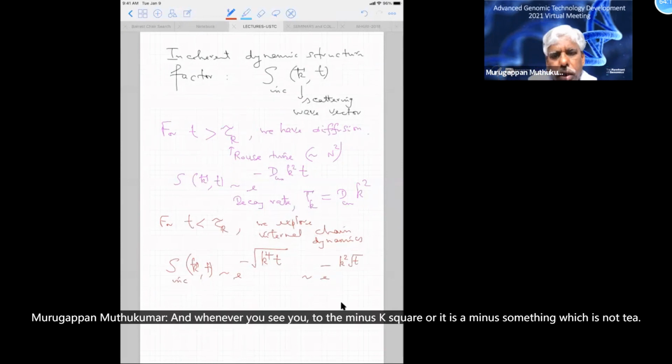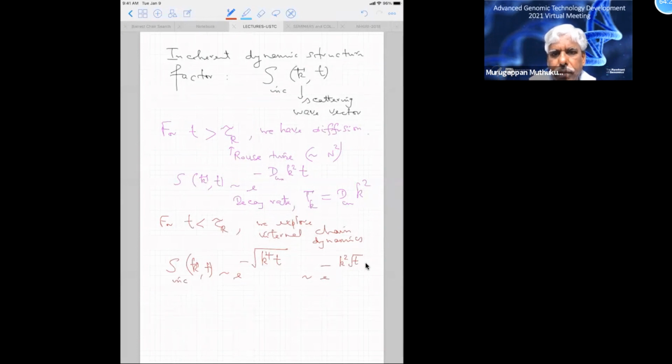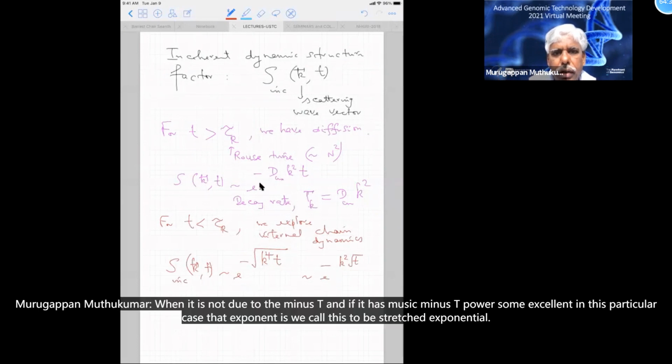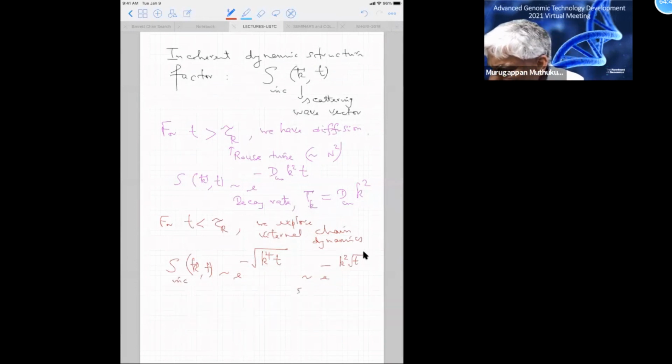Whenever you see e to the minus k squared or e to the minus something which is not t, right? If it's t, it's exponential, e to the minus t. When it is not e to the minus t, and it has some exponent on t, in this particular case that exponent is half, we call this a stretched exponential.